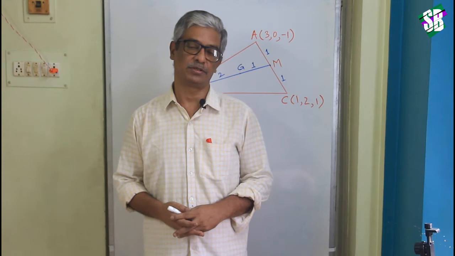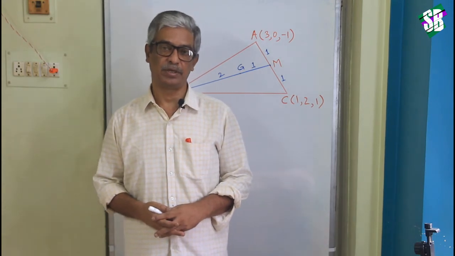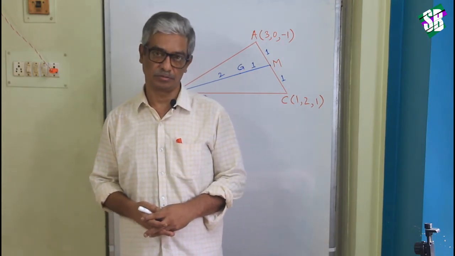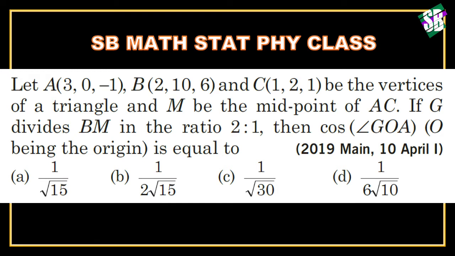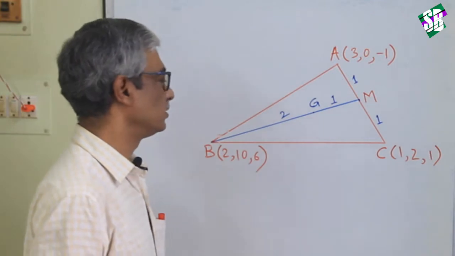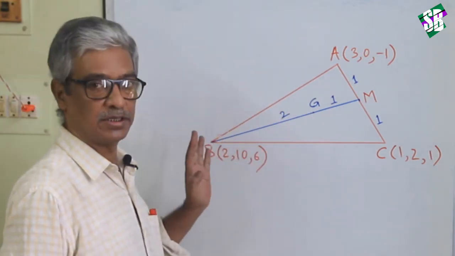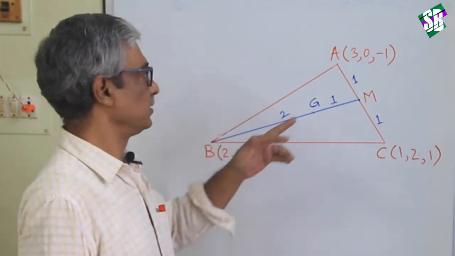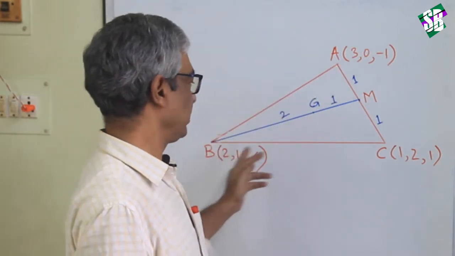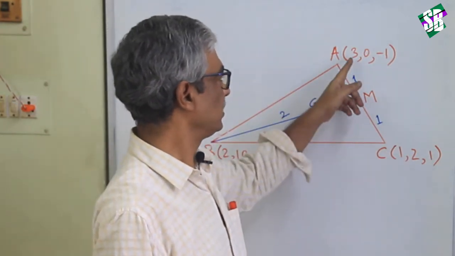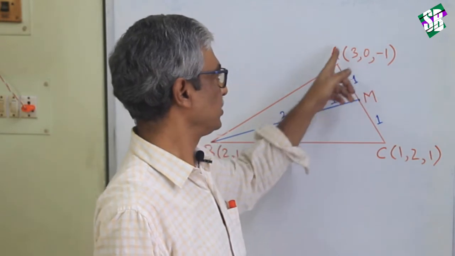Take the question that is appearing on your screen now. Here ABC is a triangle. The vertices are given. What does this 3, 0, minus 1 mean?